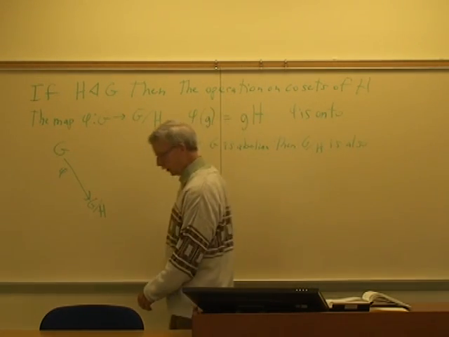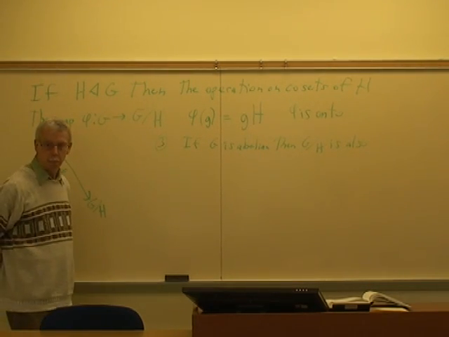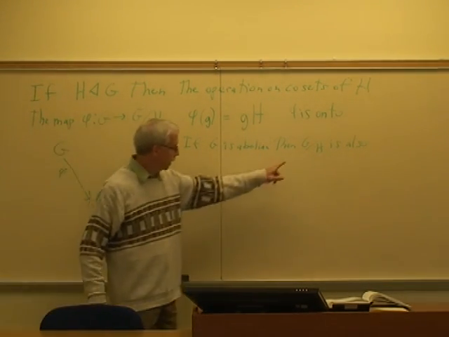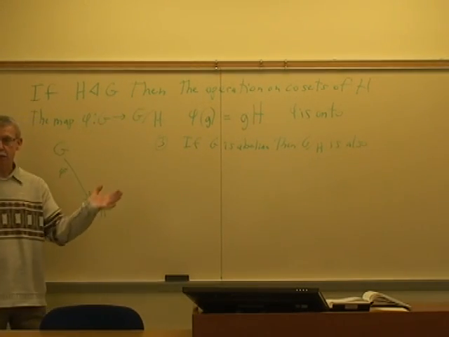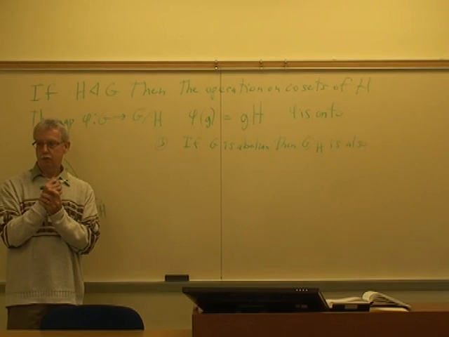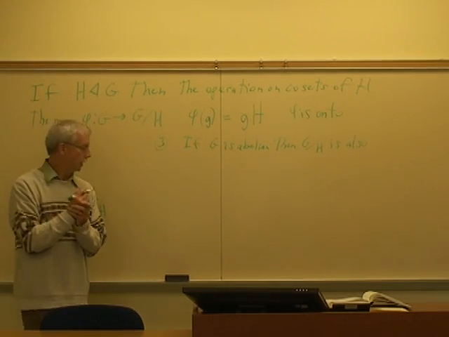If G is abelian, then the quotient group is also. How would we prove that? How can I prove that G mod H is abelian? To prove abelian, I pick how many elements? Two, right?